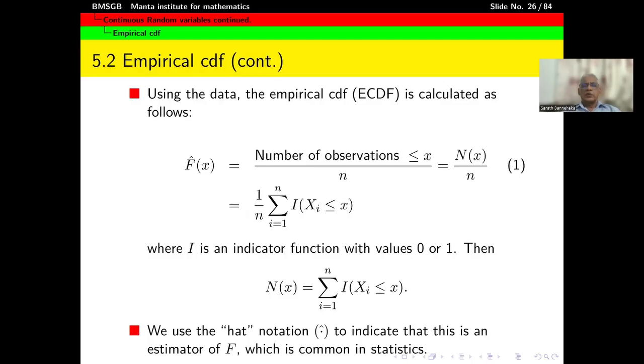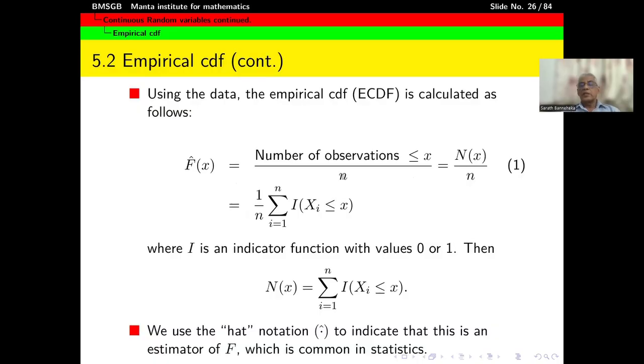So the empirical cumulative distribution function will still be 1 over n. If x is equal to the second order statistic, the number of observations less than or equal to it will be 2, so this quantity will be 2 over n.